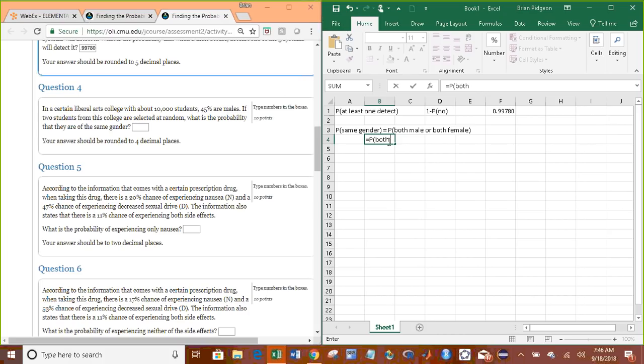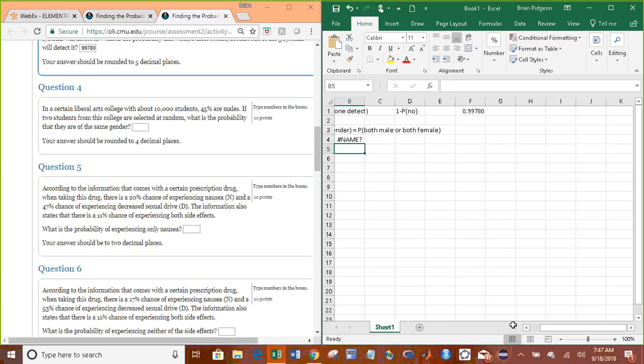This is the probability of both male plus the probability of both female minus the probability of their intersection. Well, in this case, getting both male and both female, if we're only selecting 2 students, can't happen. They're mutually exclusive events. So you can just look and see, what's the probability then of 2 male, 2 female?